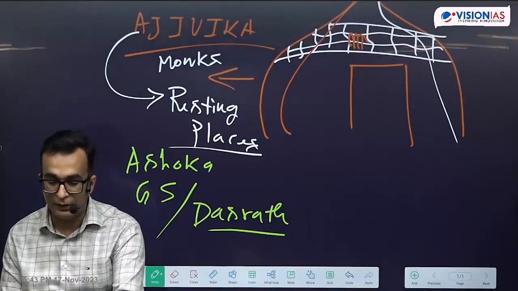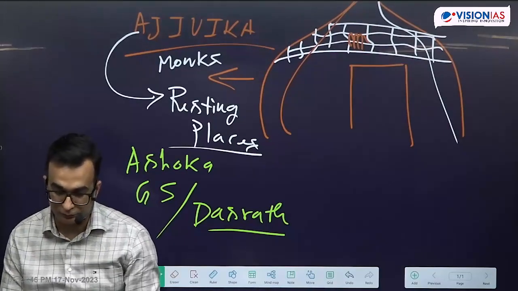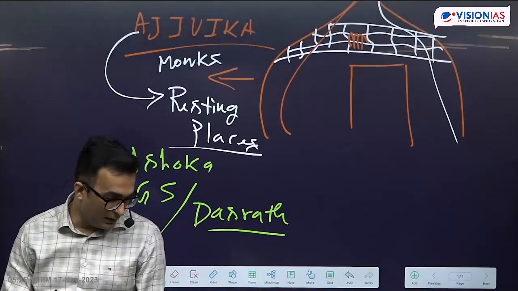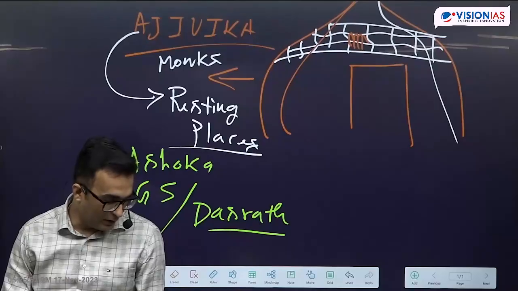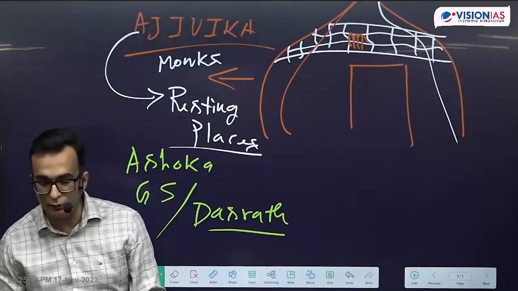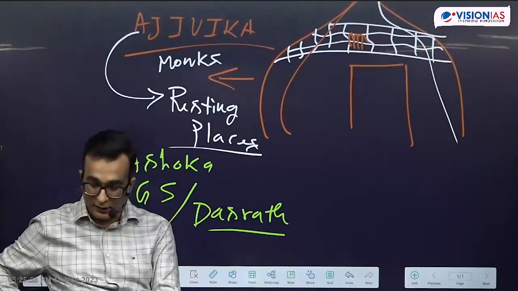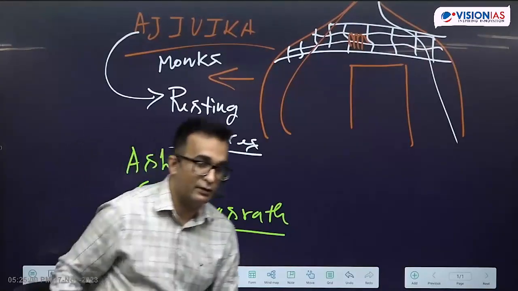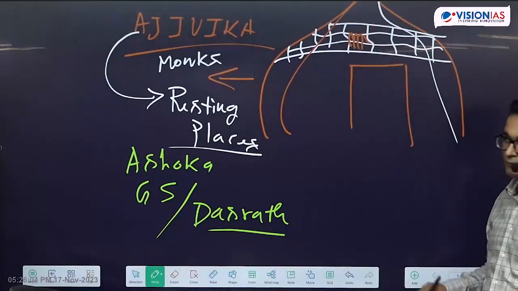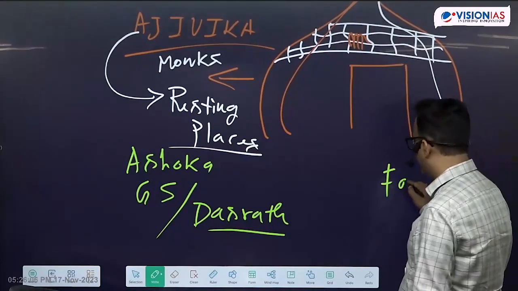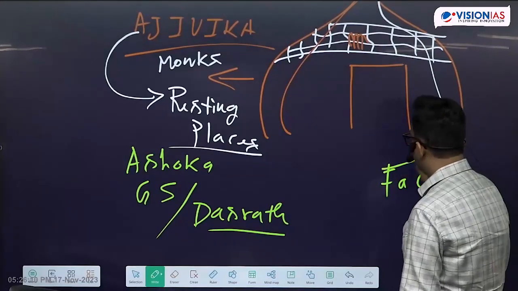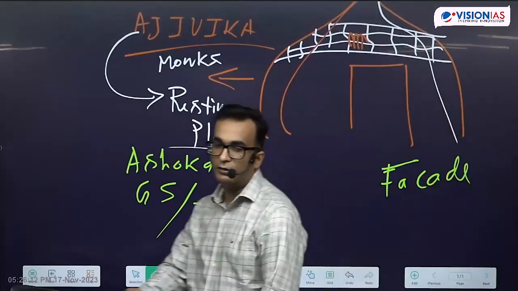Then mention, उसके बाद लिखो. It had a semicircular facade at the entrance. What is the spelling of facade? F-A? Good. So C-A-D-E. Semicircular facade at the front.